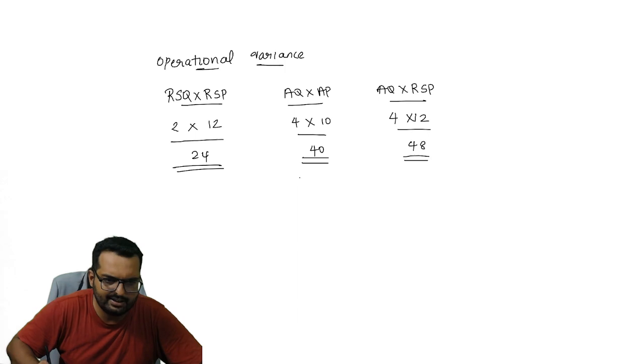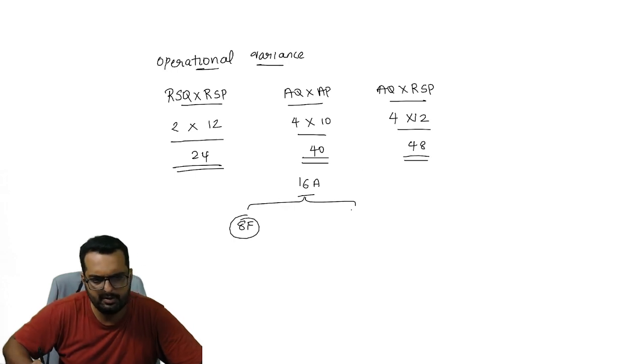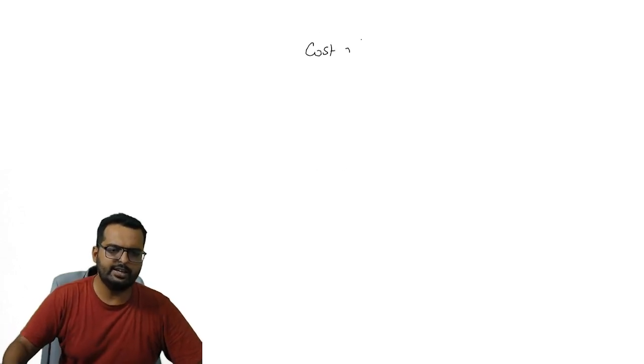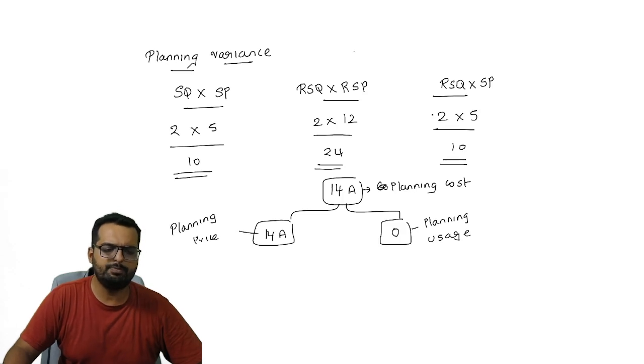So I'll get the answer as 16 adverse. I will have 8 favorable, 24 adverse.